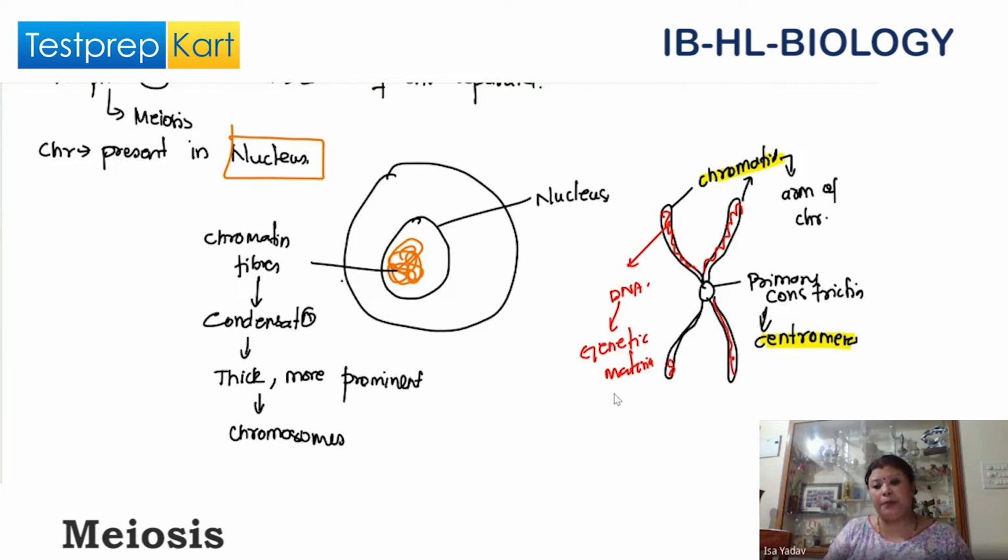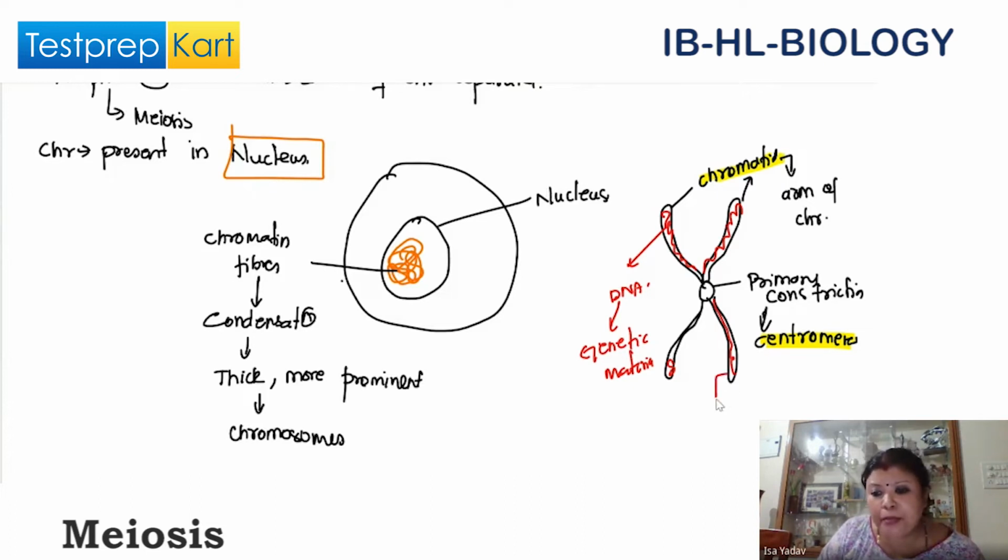Genetic material. It is the DNA that will store all the information that forms the entire organism. Our eye color, our skin color, our characters, everything is determined by this DNA, which is present in a highly coiled manner inside the chromosome.